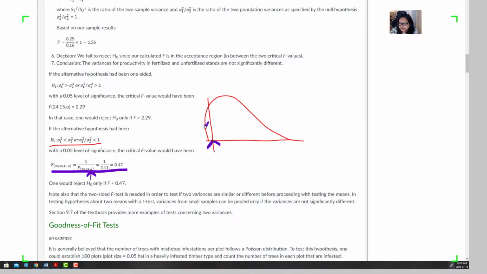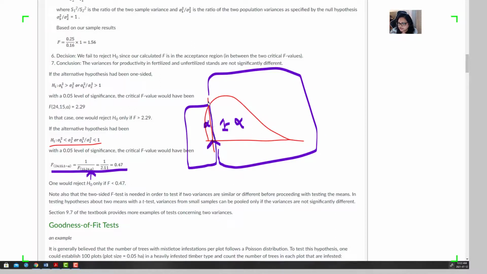This is the area with the level of significance, and this is 1 minus alpha. This is the acceptance region, and this is the rejection region. So we need to find the value. In the table we found that this is 0.47, since for the lower region you have to find the reciprocal.